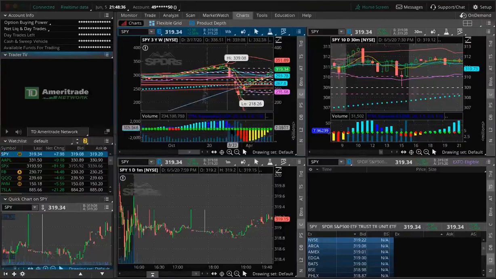Can anyone tell me what's taking place here on the histogram bars? What is this showing me? What is this telling me? What should occur next if we're following how the histogram bars move, how they recycle?